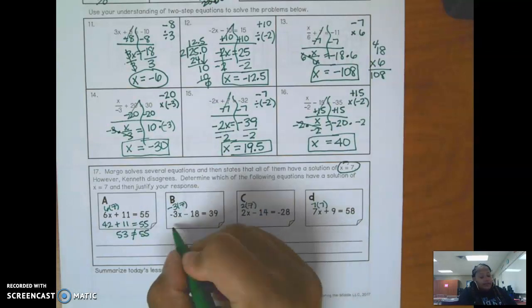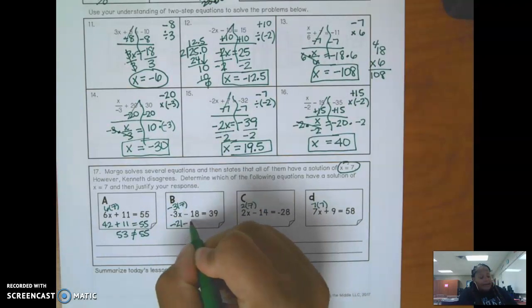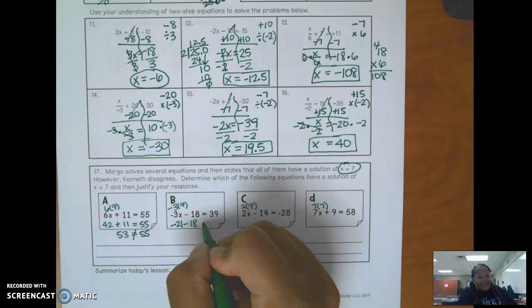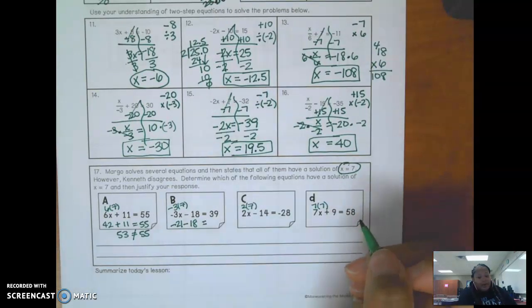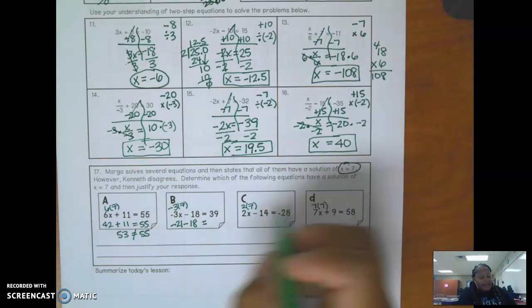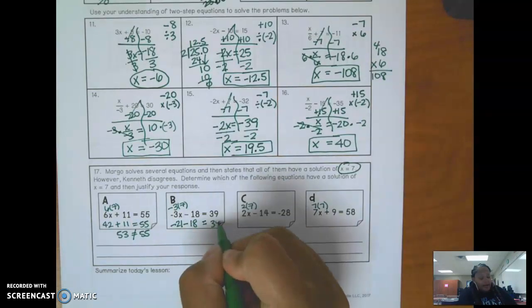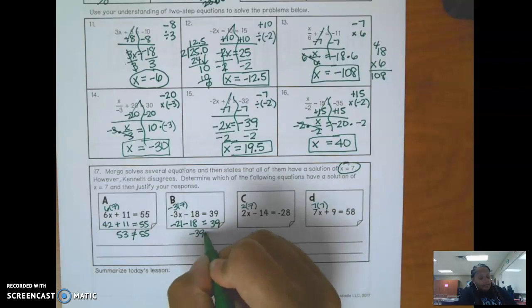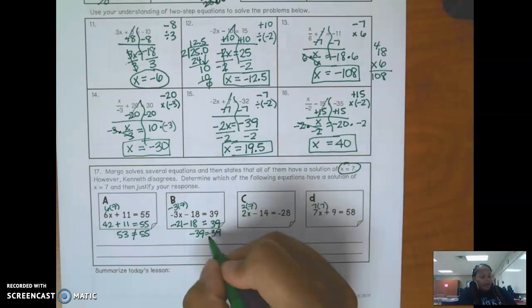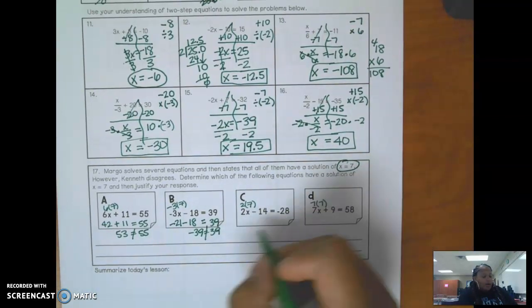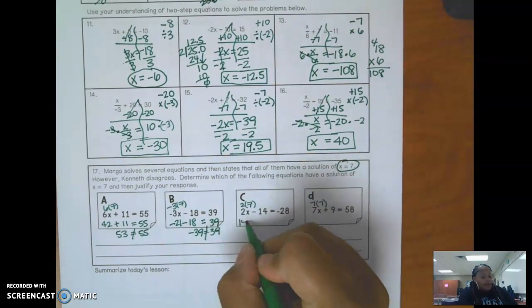Negative 3 times 7 is negative 21 minus 18. So these are same signs and I need to add, and they will both be negative. So negative 21 minus 18 is negative 39. Negative 39 does not equal positive 39. 2 times 7 is 14.